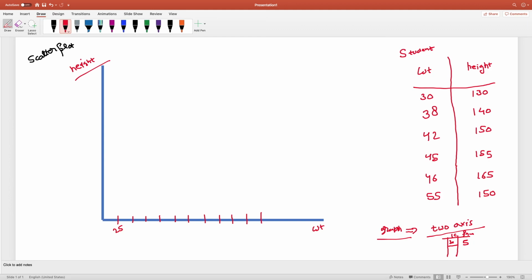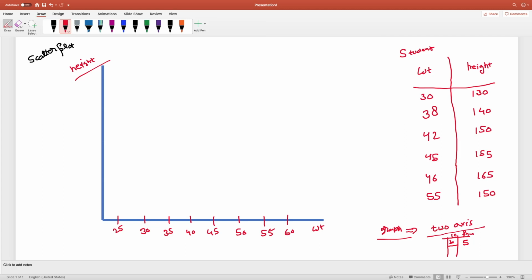We'll include a little more space so that we can come up with our example. So this is 30, 35, 40, 45, 50, 55, and 60. We'll keep it till here.